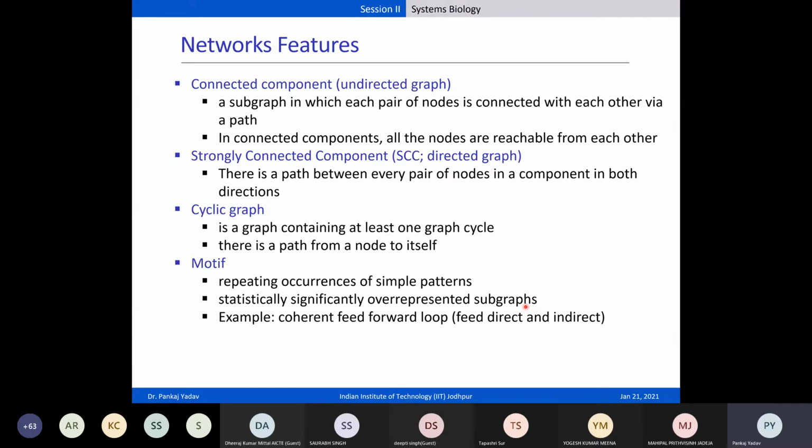So motifs can also be subgraphs. For example, I will show you that there are different types of motifs that exist in biology, such as the coherent feed forward loop, where we have direct and indirect feed.